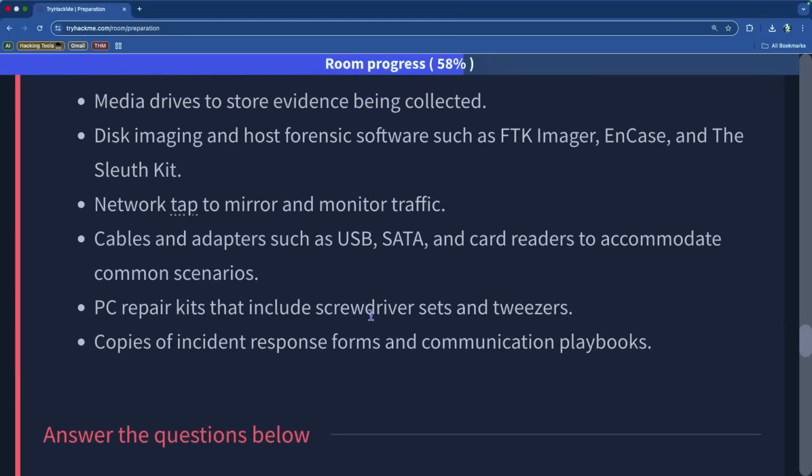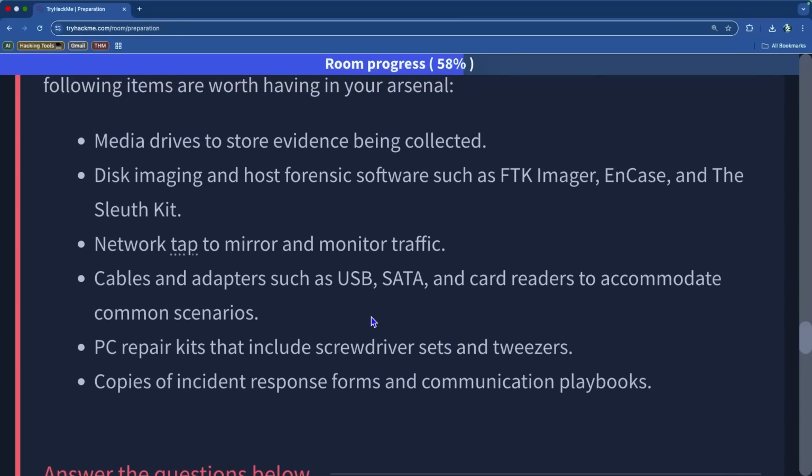So these are the basics, the minimum requirements. And when you study for CompTIA CySA+, there's actually a specific list of things that they think you should have as far as the preparation for CySA is concerned. There's usually a general series of tools and documents that are just absolutely necessary.